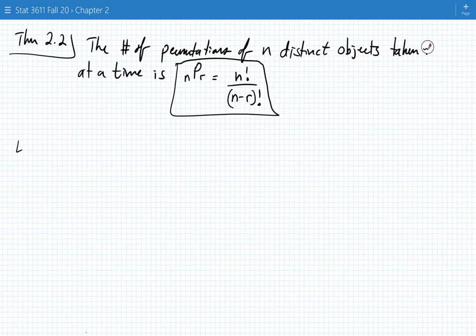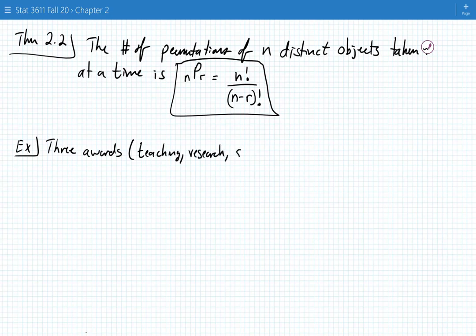Let's do one last example directly related to this theorem, and then we'll take a break. 3 awards. Let's say, and we want these to be distinct. So let's say there's an award for teaching, an award for research, and an award for service.